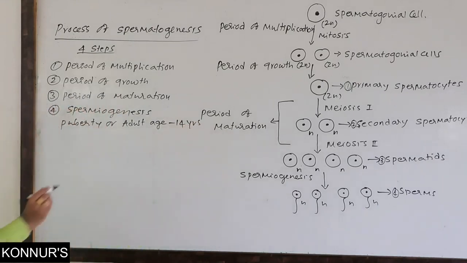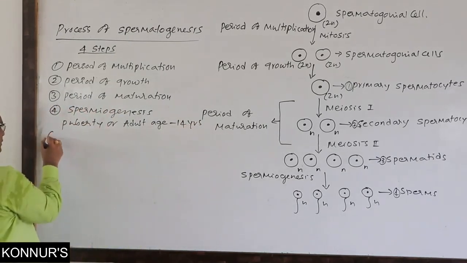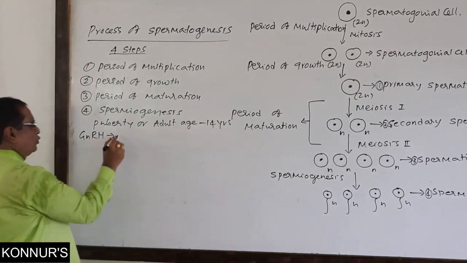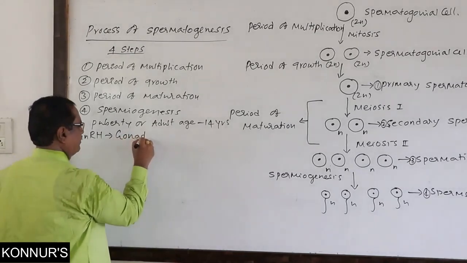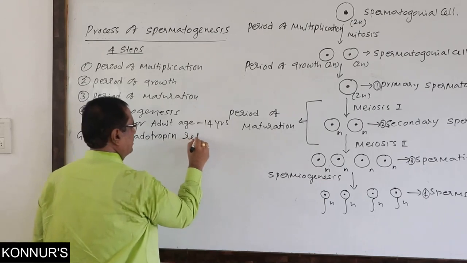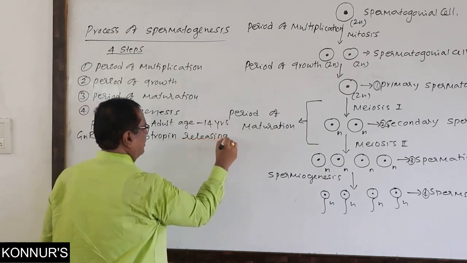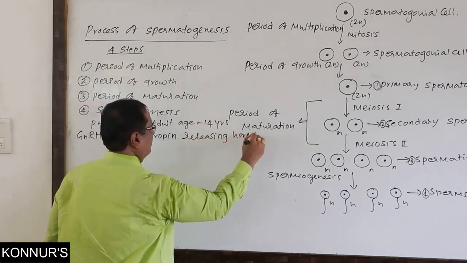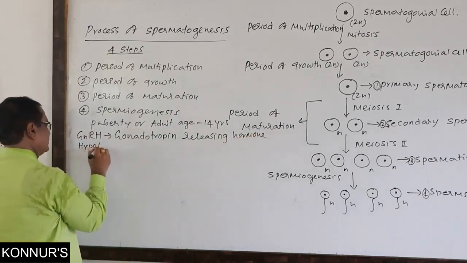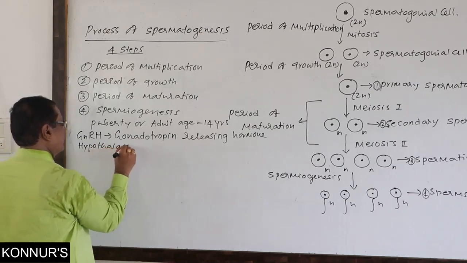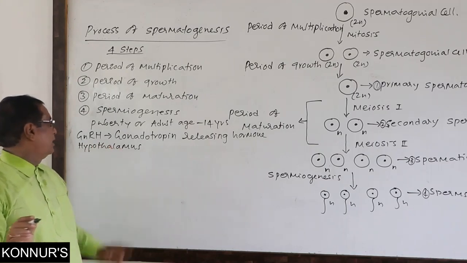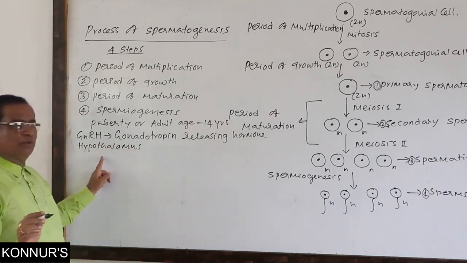During that, hypothalamus produces gonadotropin releasing hormone. Gonadotropin releasing hormone is produced by hypothalamus.